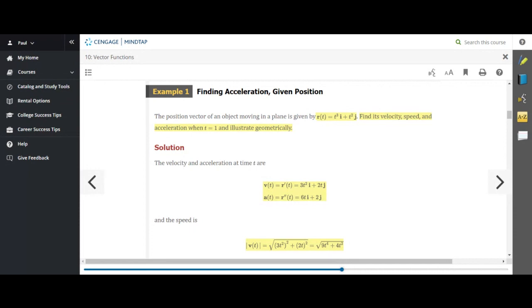Finding the velocity vector means taking the derivative of r, and that just means you have a vector whose components are the derivatives of the component functions in r. And then acceleration, of course, is the derivative of velocity. Are there any questions on that?